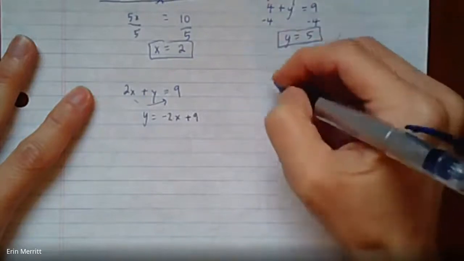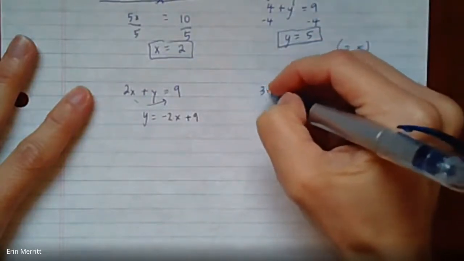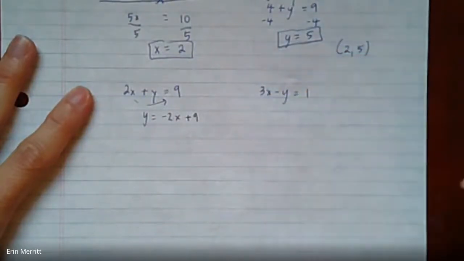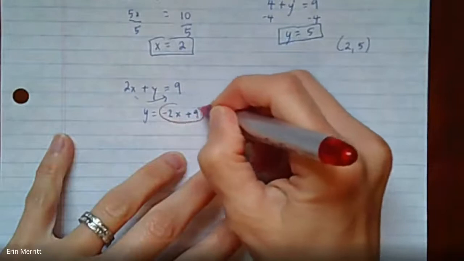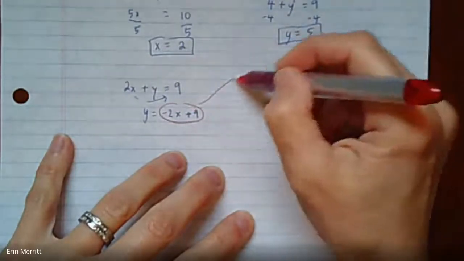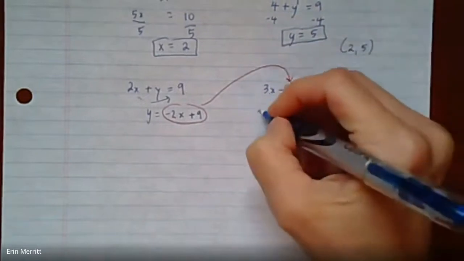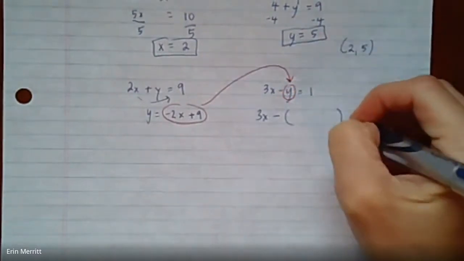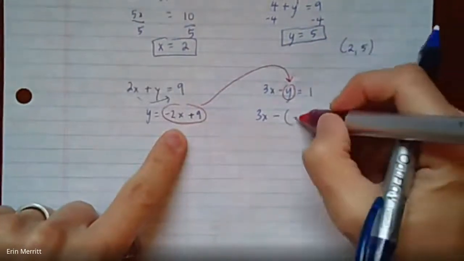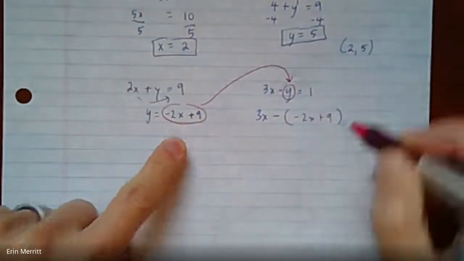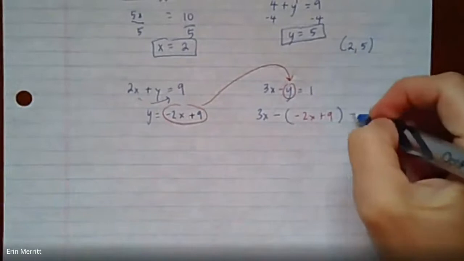What you would then need to do is either solve the second equation for y, or you can actually substitute in place of the y here, what the y is equal to in the other equation. So this would come in and sub over here. So then you would have 3x minus, and in place of that y, we could put in this guy. So we'd be able to put in the negative 2x plus 9, and then you would keep the equals 1.